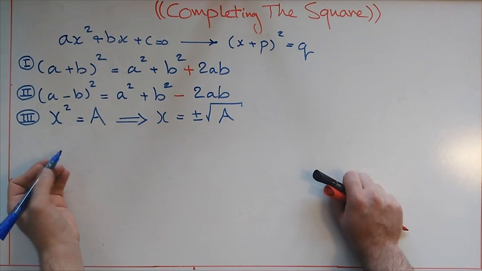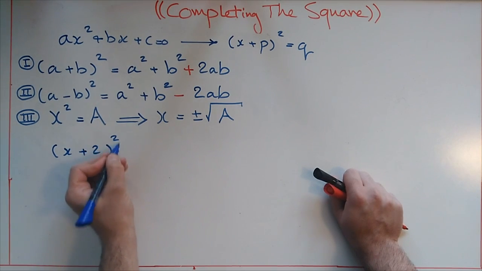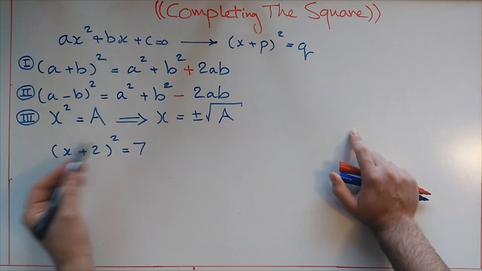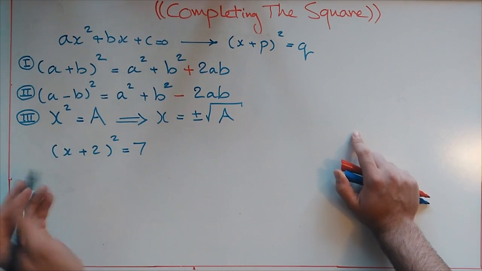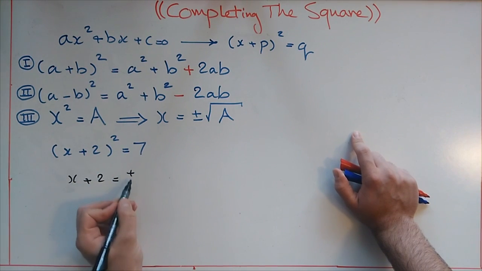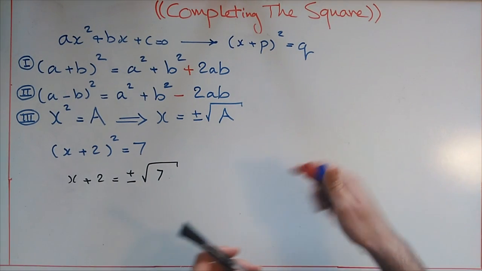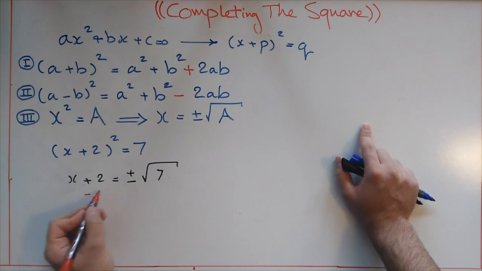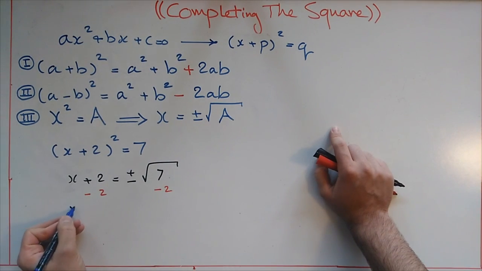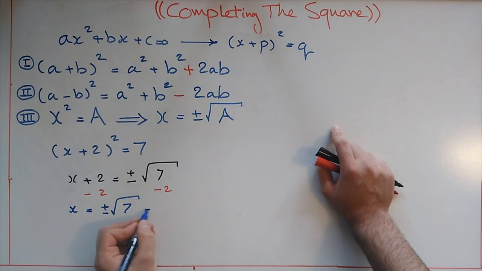For example, if x plus 2 squared equals 7, then the value under the square equals positive or negative square root of 7. Now we need to find the value of x, so we subtract both sides by 2, and we get x equals positive or negative square root of 7 minus 2.